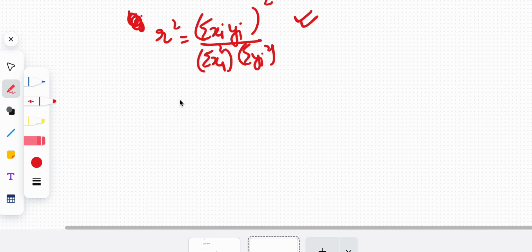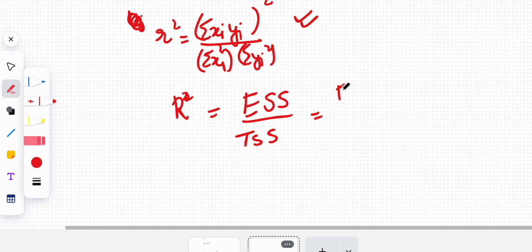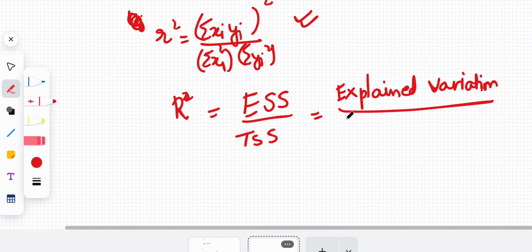So now the coefficient of determination gives us explained variation over total variation.